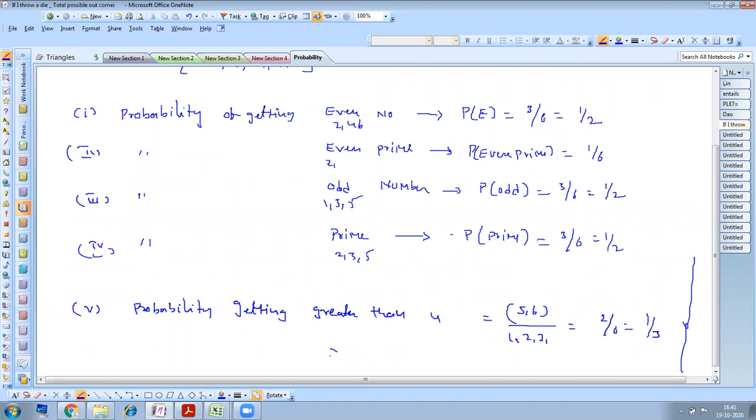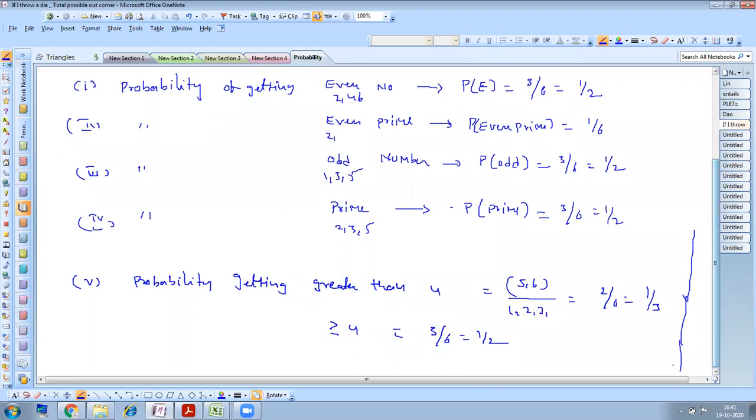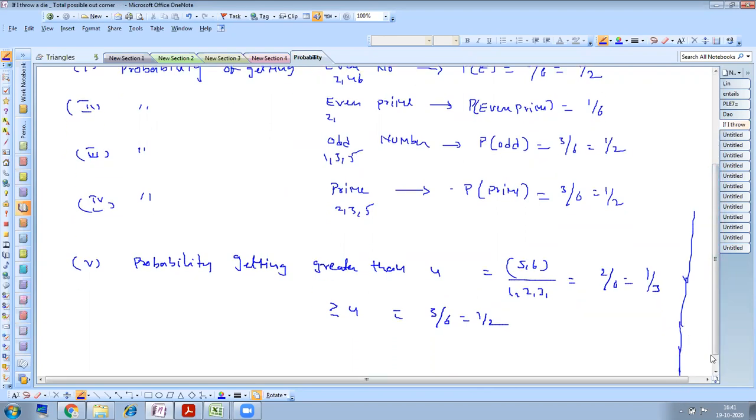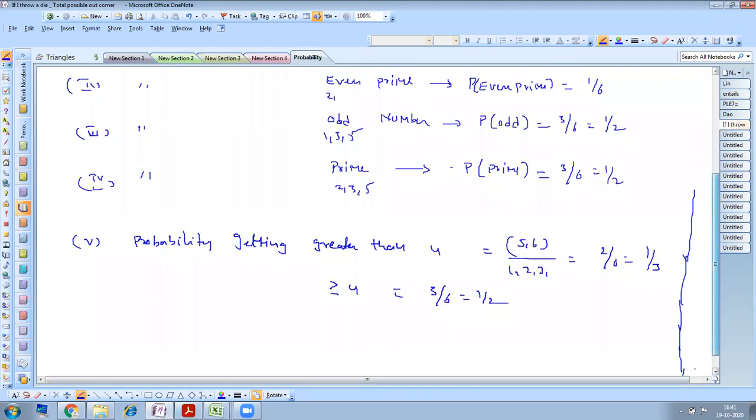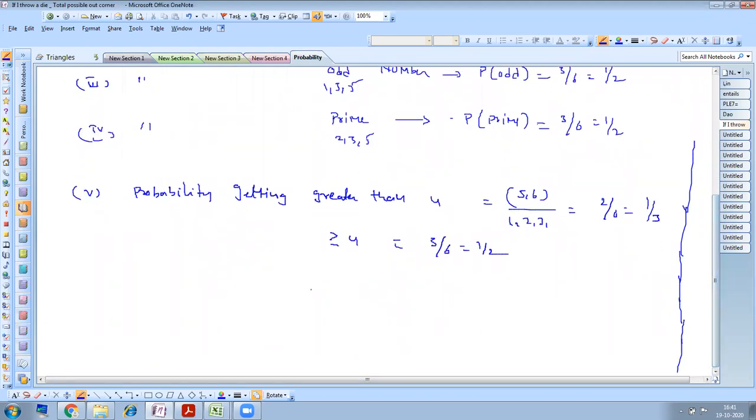If I am saying greater than or equal to 4, the probability is 3 by 6, so 1 by 2. So understand exactly what they are asking. Probability of getting greater than 6 is 0 by 6, which is 0. Probability of getting greater than or equal to 6 is 1 by 6.